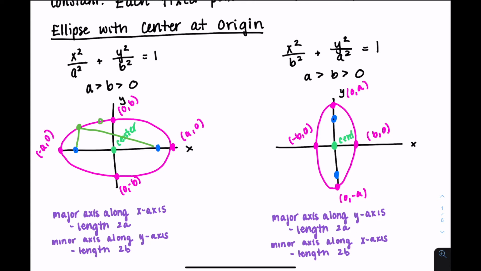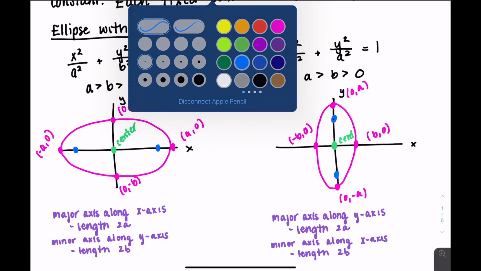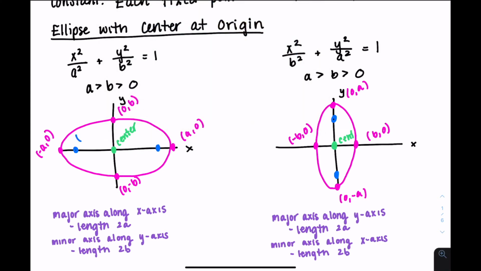So if you pick a point here and look at the sum of those distances, it's exactly the same as that first one. So you're always going to get that same fixed value. These two points are called our foci. And all you do is move off the center a distance of c. So this one would be (negative c, 0). This will be (c, 0). Likewise, this will be (0, c). This one will be (0, negative c). And those are our two foci.